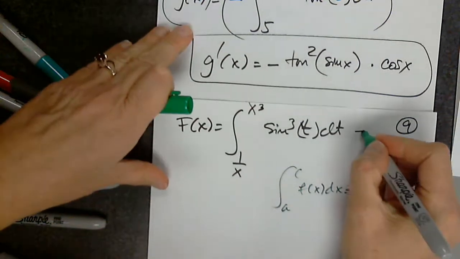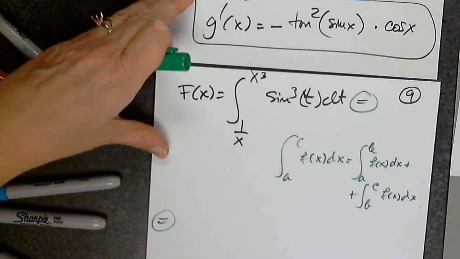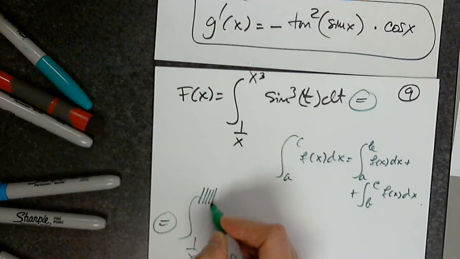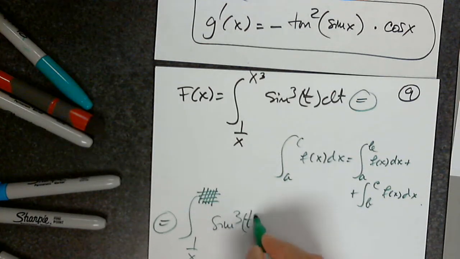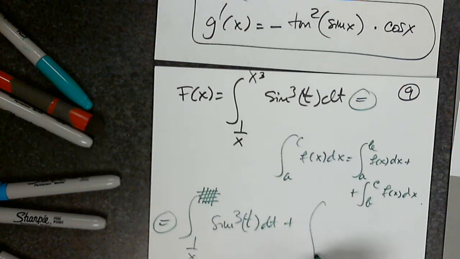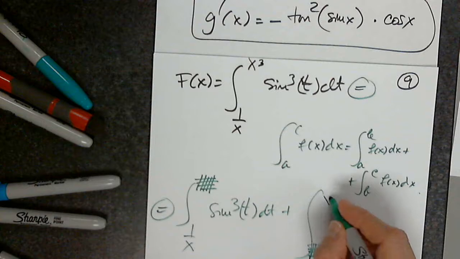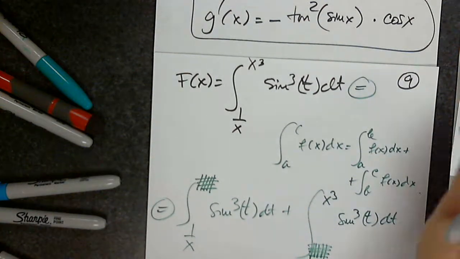So I'm going to split this integral first and say the integral from 1 over x to whatever number you want of sine cubed t dt, plus the integral from that particular number, whatever you want, to x cubed of sine cubed t dt.